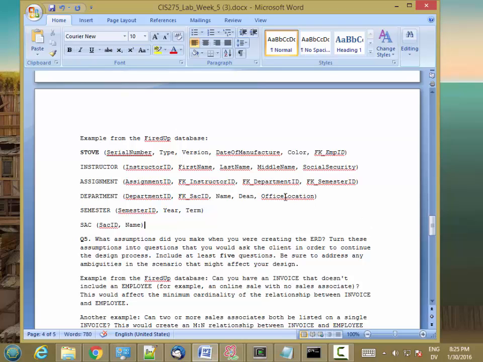So now to finish this up, you're asked to underline all the primary keys and italicize all of the foreign keys. So I'm going to underline instructor ID and assignment ID, department ID, semester ID, and SAC ID.